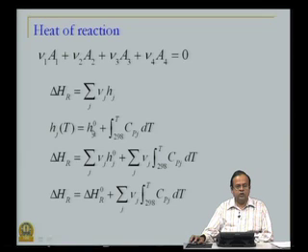So, if you now take this equation and put it back into this, we can combine the reference conditions together as a summation series of nu j Hj0 and this integral as summation nu j integral Cpj dT, and then we get heat of reaction at any temperature is the reference condition heat of reaction plus summation nu j integral between the limits 298 and temperature T Cpj dT.